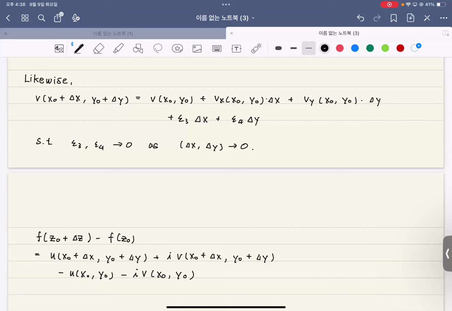So this is my f(z0 + delta z) minus f(z0).